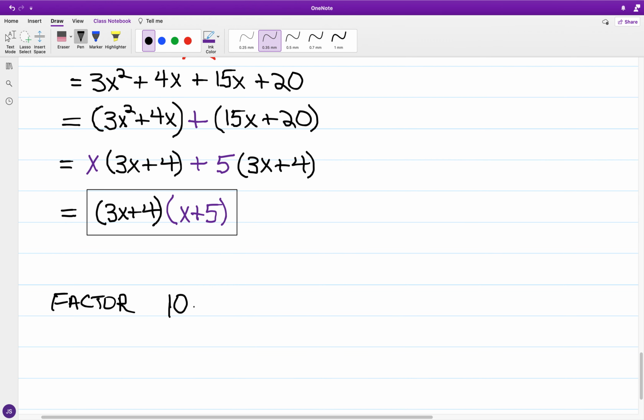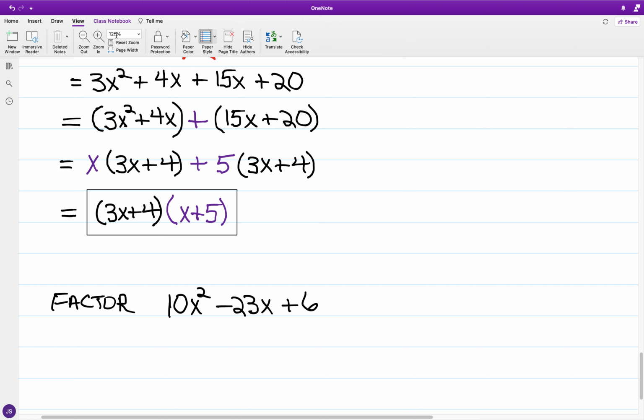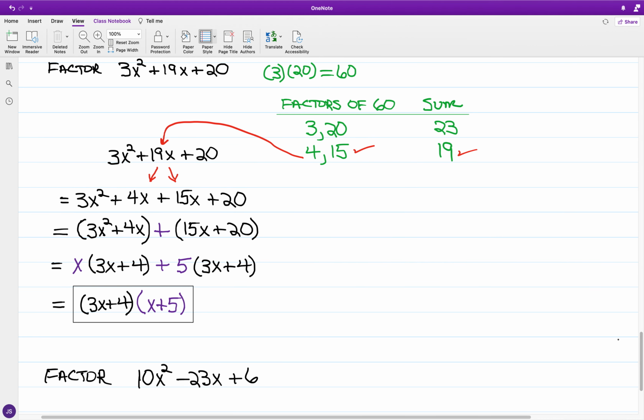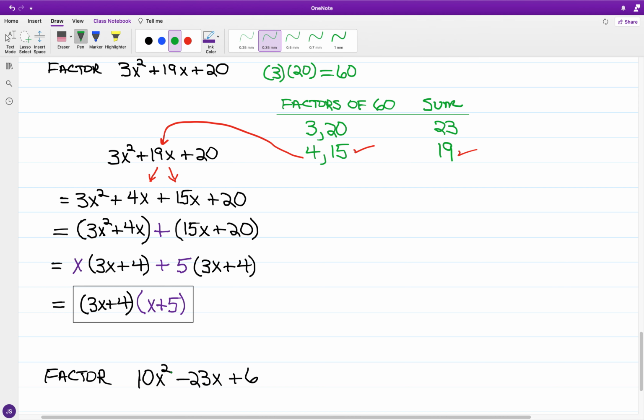Say we have 10x squared minus 23x plus 6. And just sort of going back, when we initiated the process from earlier, we multiply the first and the last coefficients. And we're going to do likewise here.